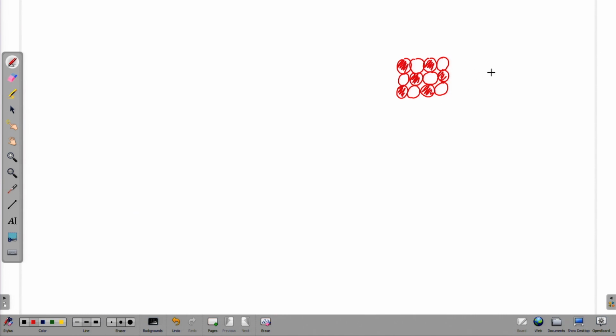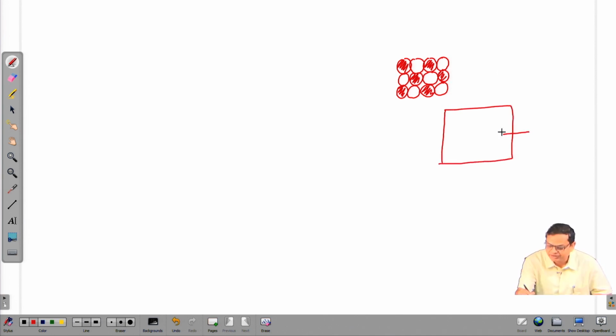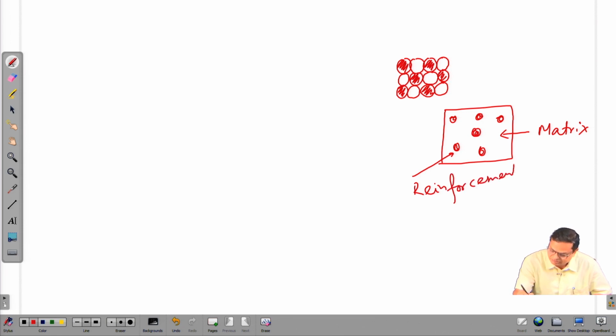However, if we look into the microstructure of a composite material, we have the major phase called the matrix, and the second phase distributed in the matrix is called the reinforcement. Here we can clearly see that there is no atomic level mixing, but two different phases.